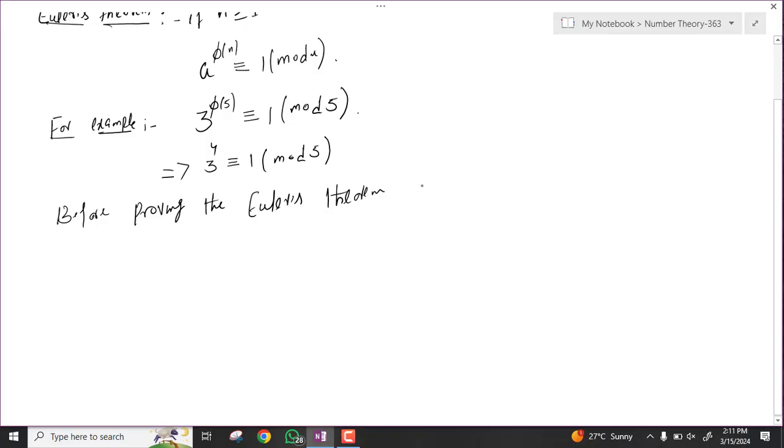Before proving Euler's theorem, we state the lemma which is useful in the proof of Euler's theorem.